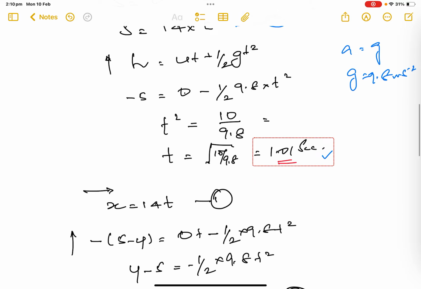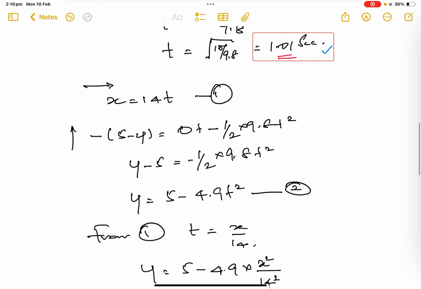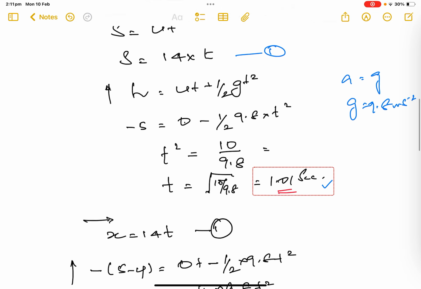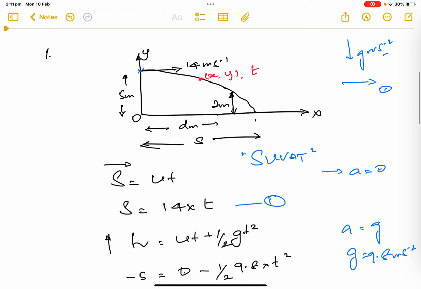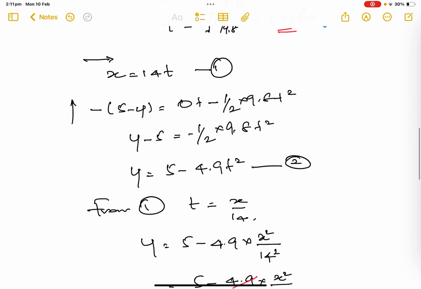Then we have equation 1, x equals 14t. Now I pick an arbitrary point on the path. That point has coordinates x and y, the horizontal and vertical distances, and the time taken to reach there is t.